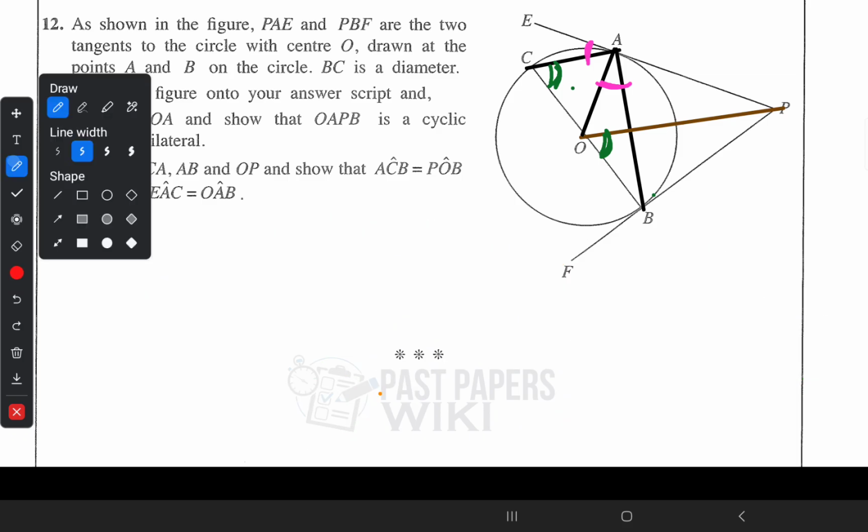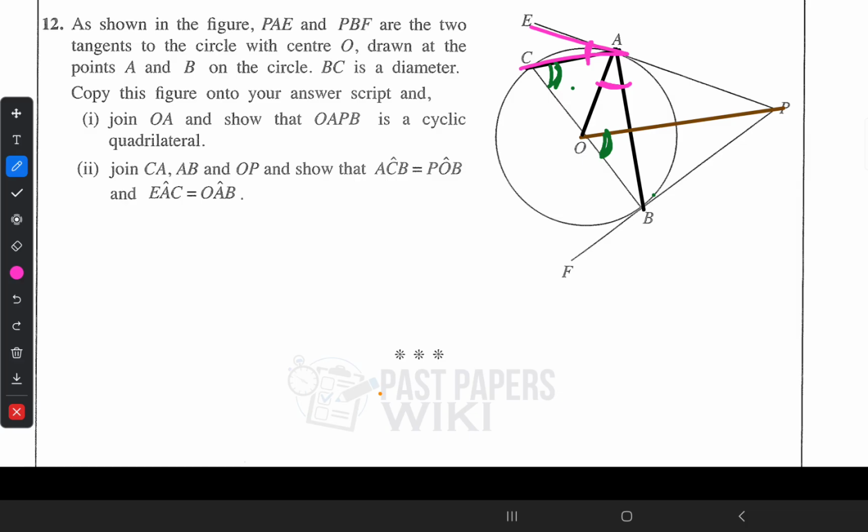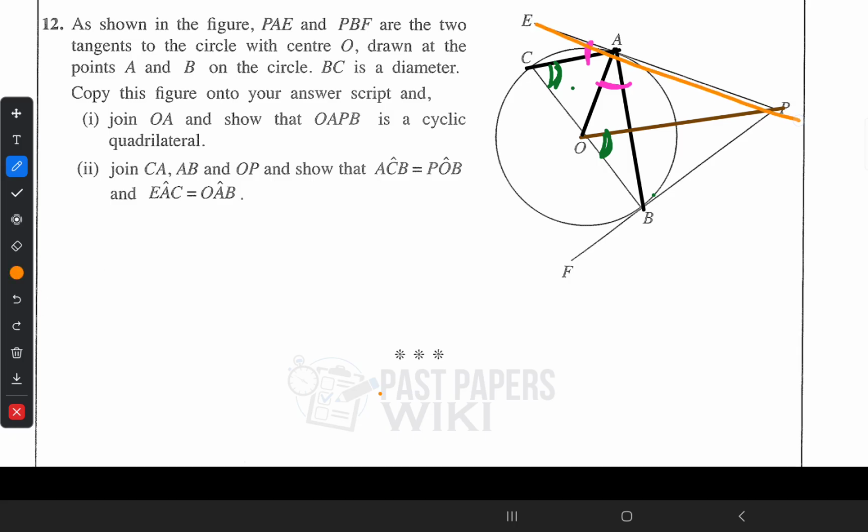The last one also, we cannot derive by using theorems only. You should use your brain as well. Look at this. We need to show ECA, this exterior angle, equals OAB, this interior acute angle. For that I am going to use two theorems. We know this tangent and the radius are in a perpendicular relationship. Think about it.